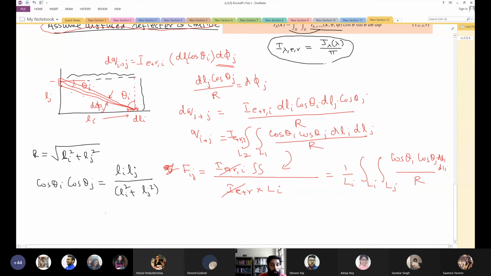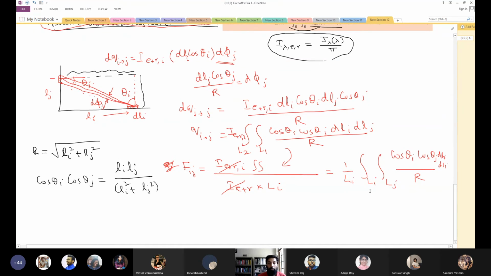So your double integration is now equal to 1 over Li, integral 0 to Li, 0 to Lj, Li Lj dLi dLj divided by Li square plus Lj square to the power 3 by 2.